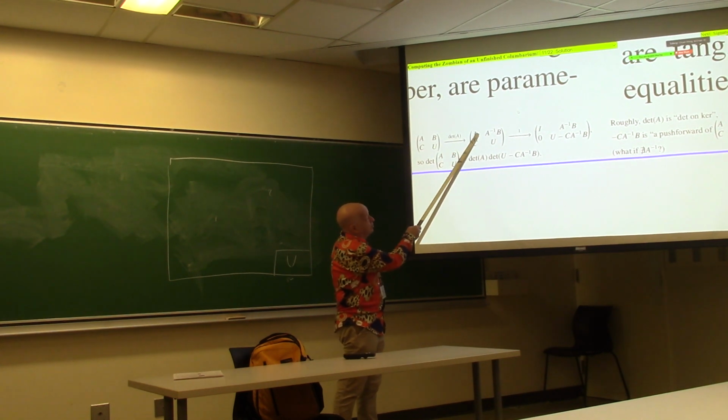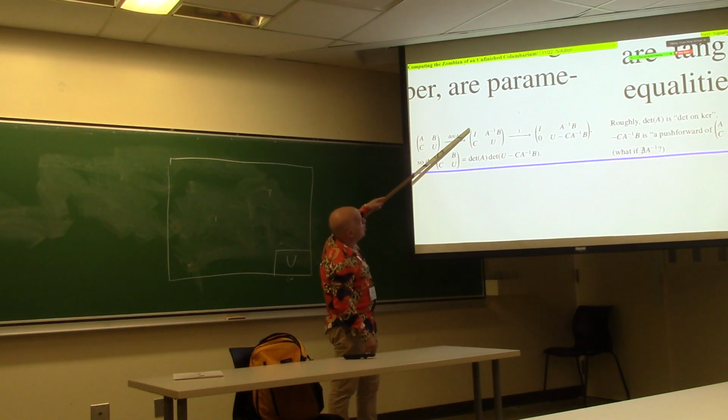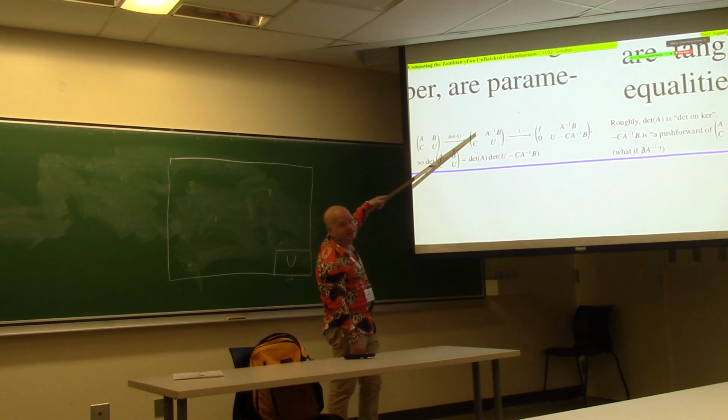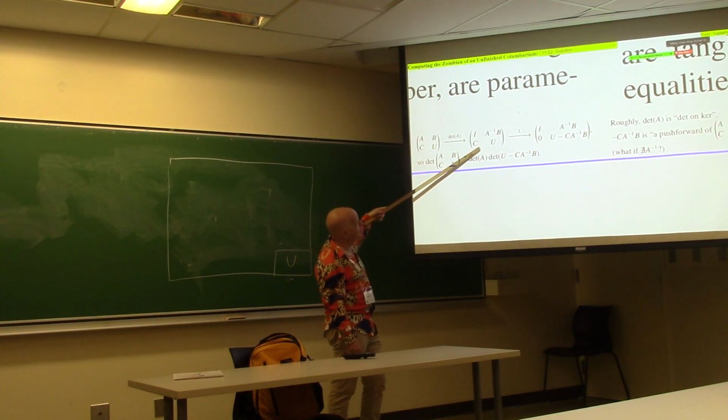Then I do row operations to use this identity here to kill C. So really I'm multiplying the top block row by C and subtracting it from the second row.